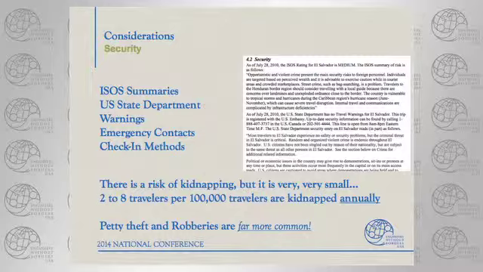All they really want is your money, so petty theft and robberies are far more common. I don't have the actual statistic on that. But if you just give them the money, they'll more than likely just let you go. Or they know that you're an American, you have this invisible magnet, people just know you're American and they know you have money, so there's a chance that you're going to have a lot more issues.